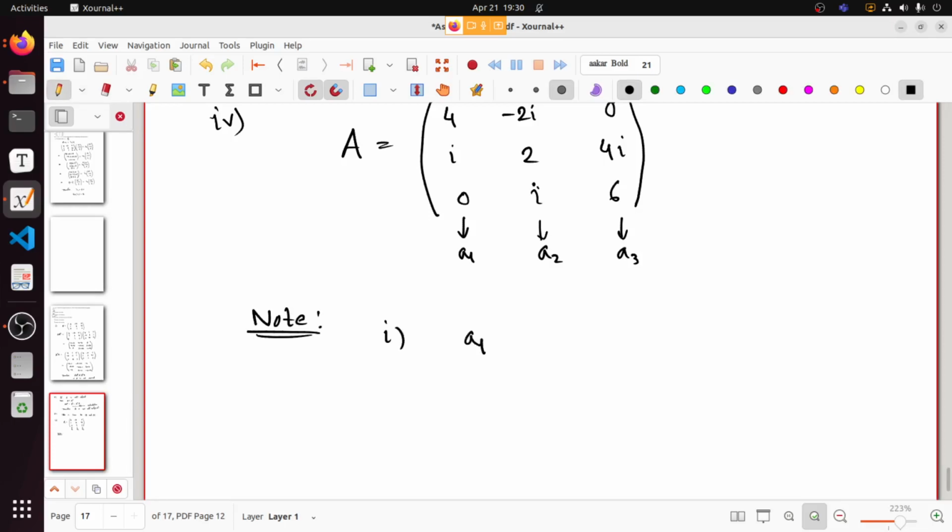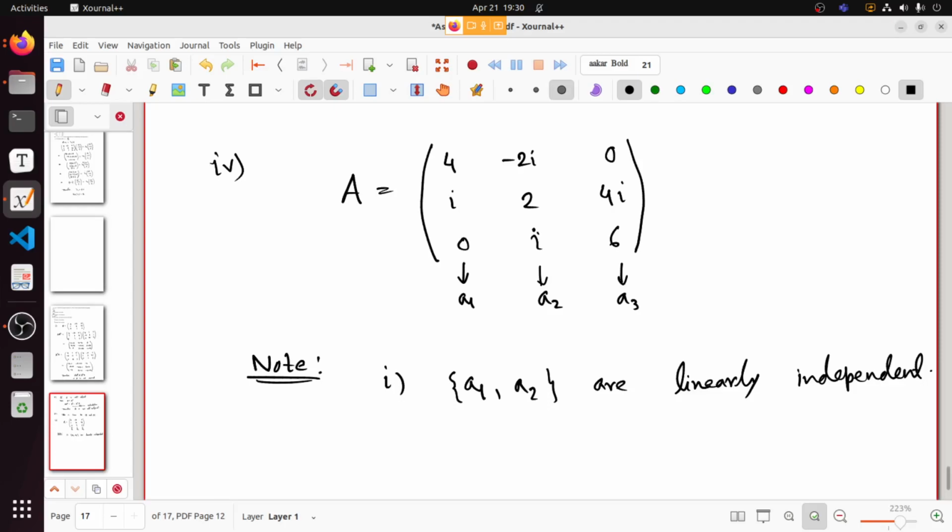Because the last row here is 0, here it is i, they cannot be dependent.